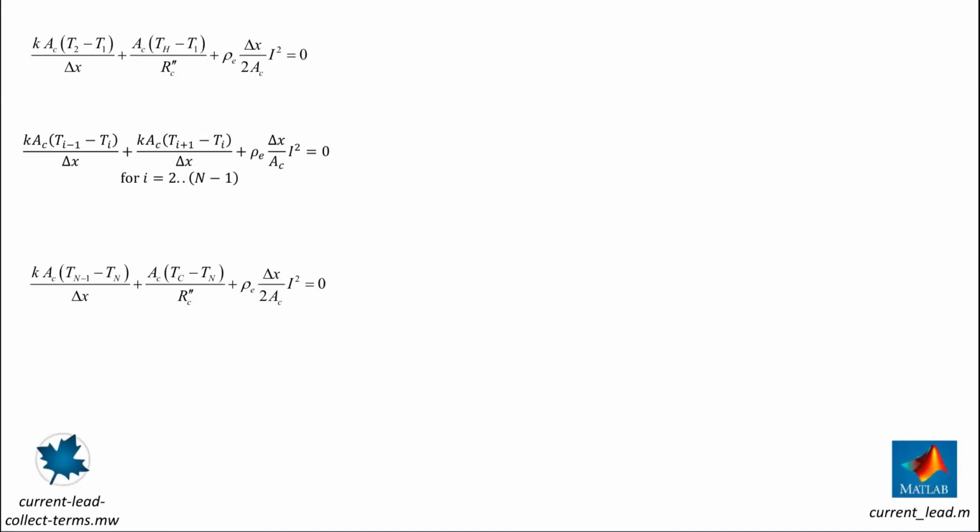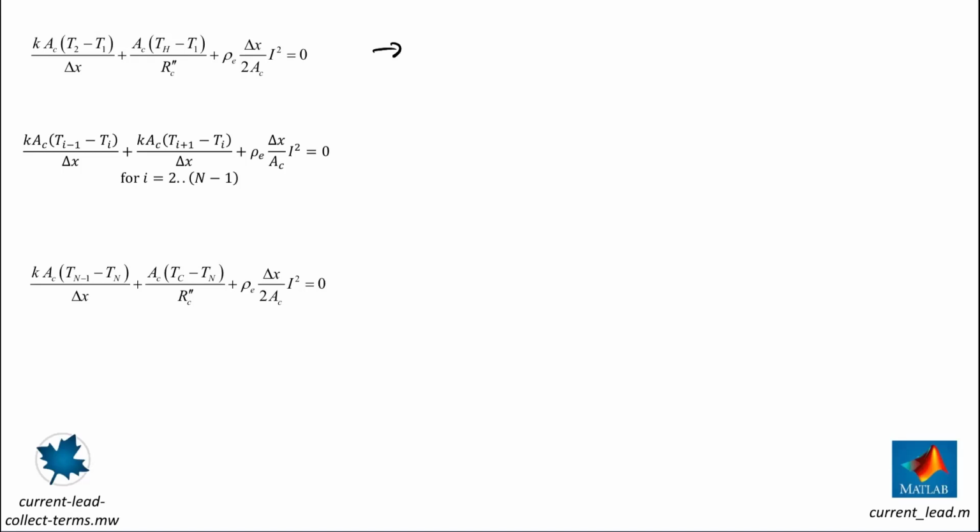First, remember we have our three sets of equations. We have node 1 on the top, node i in the middle, and then node N on the bottom. We have to do this for each equation that we've derived previously. This is all just algebra, and it's pretty straightforward. But what are we looking for here? If we take this equation, what gets the coefficients multiplying the different temperatures?